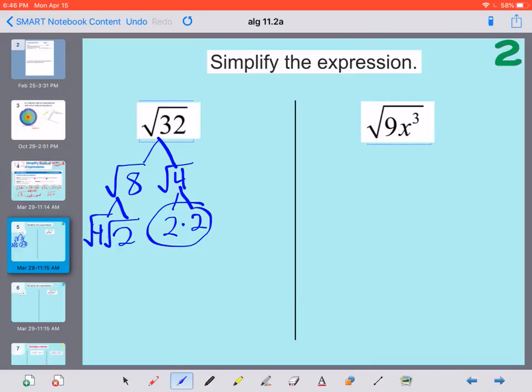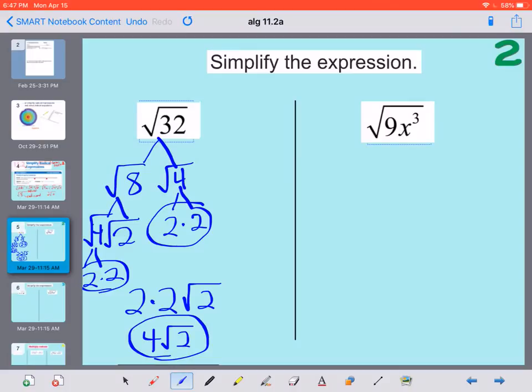We can't find the square root of 2, but we can find the square root of 4, which is again 2 times 2. So what we have then is a factor 2 times 2 with a square root of 2. That's what we have left over. Now I know that I can do 2 times 2, which is 4, and we just have that square root of 2 left over. So my answer is 4 square root 2.